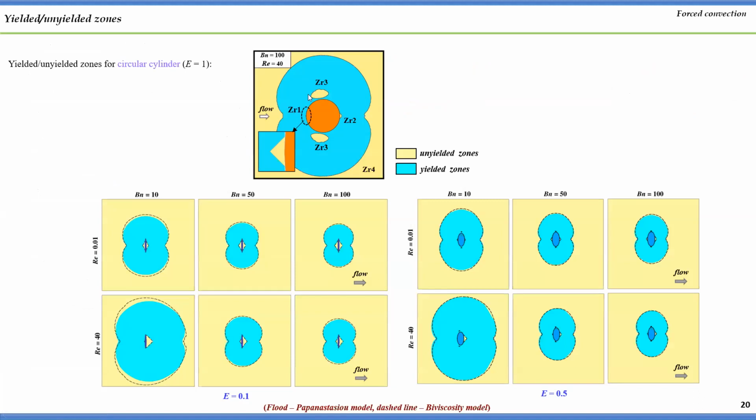Now coming to the shape of the yielded and unyielded surfaces or zones. Here we are able to see that when your shape is really circular, the zones surrounding this geometry will be divided into three different shapes of zone.